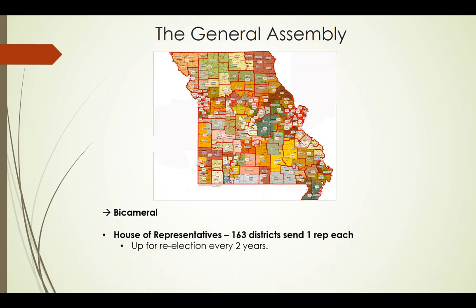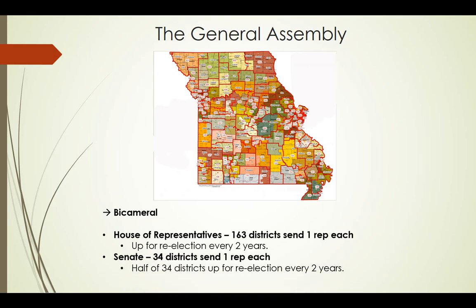We'll talk about the Senate in a moment. But the Missouri House of Representatives splits up Missouri into 163 districts. So it too is huge, just like the United States House of Representatives is. Just like in the U.S. House, by the way, they're up for re-election every 2 years. So it's a bit of a crazy place. Pretty loud, pretty nuts. Everybody's constantly running for re-election.